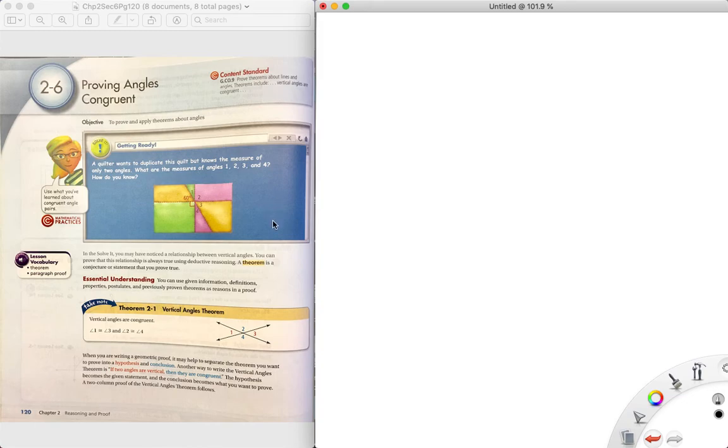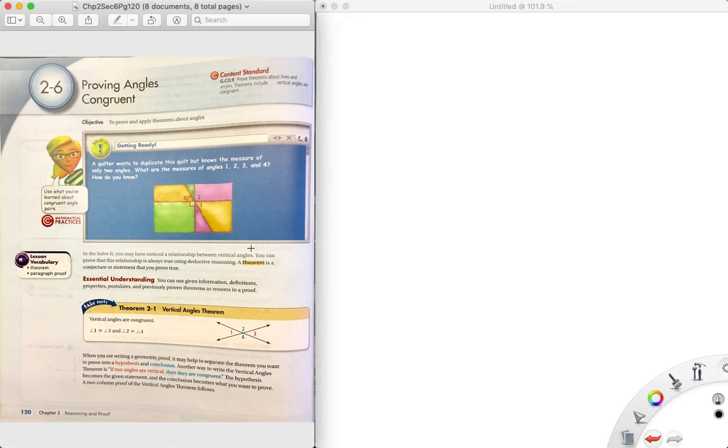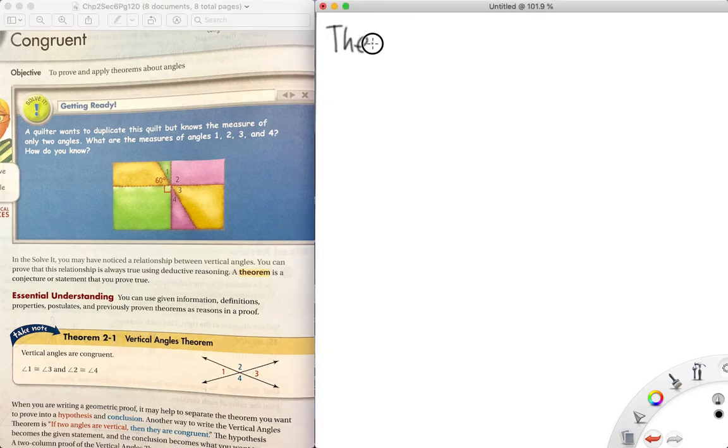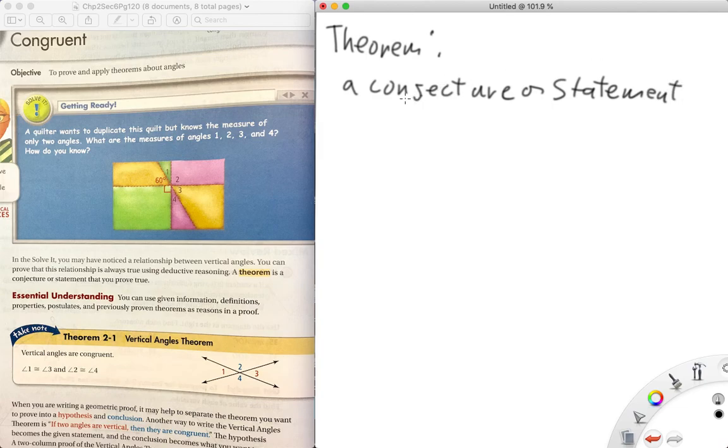Alright, the first thing they tell you is the definition of a theorem. Up to this point, we've done properties and postulates. Now we have something called a theorem. A theorem is essentially a rule that you have to prove. A theorem is a conjecture or statement that you prove true.